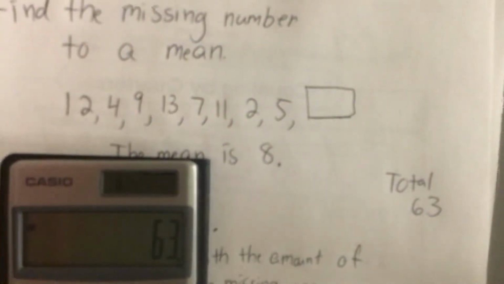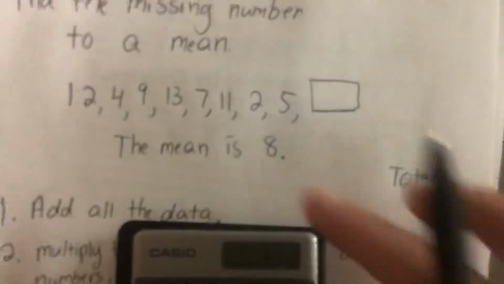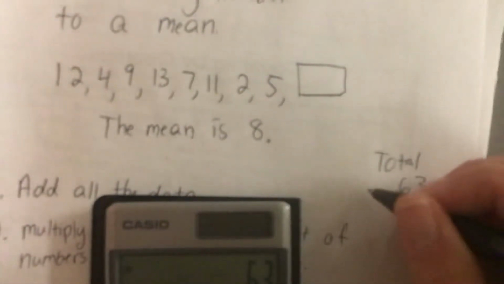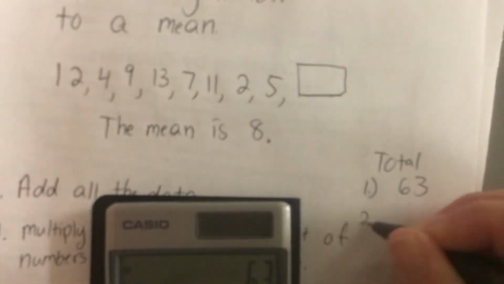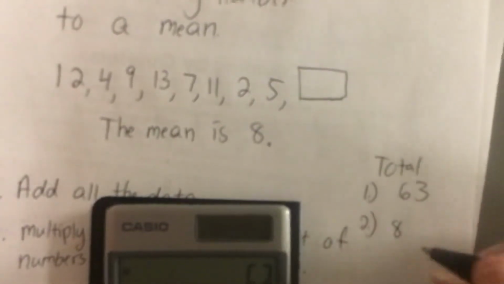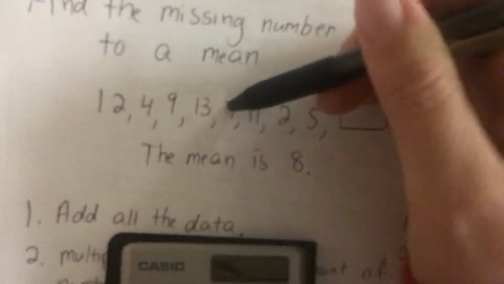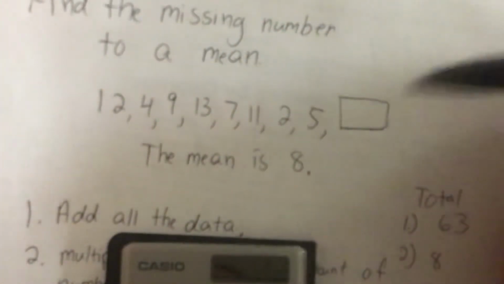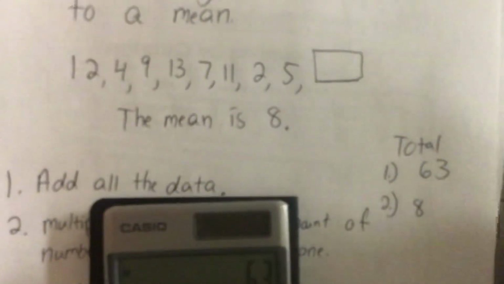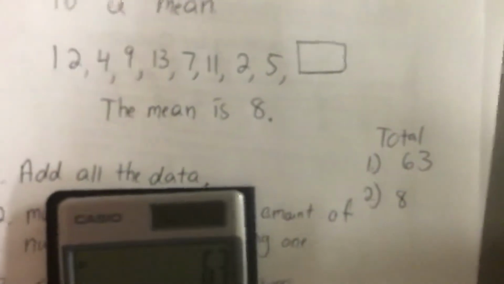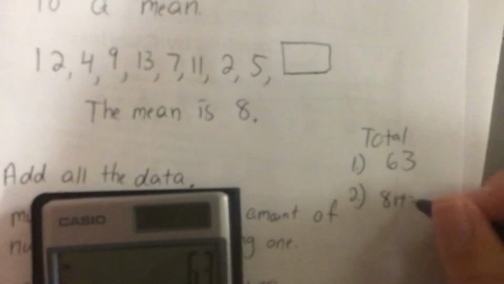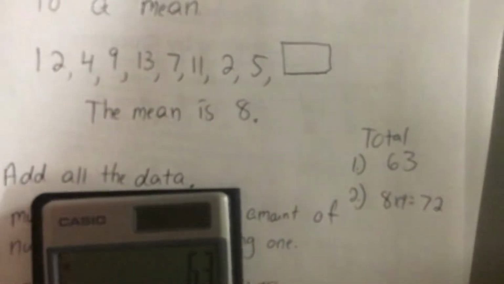Step 2, multiply the mean, which is 8. Okay, so here's step 1. Step 2, multiply 8 times how many numbers there are, including the missing one. So 1, 2, 3, 4, 5, 6, 7, 8, 9. So that would be 8 times 9, which is 72. Okay.